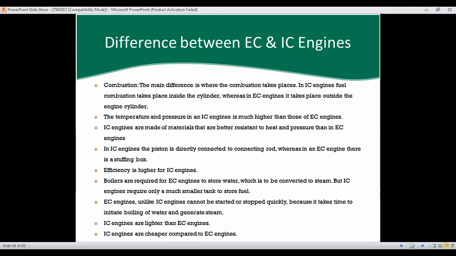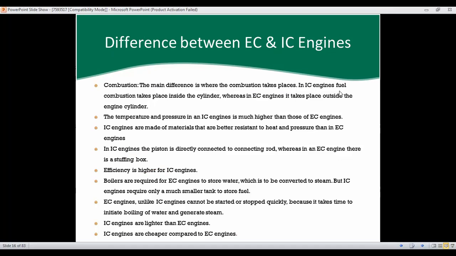Now here is the difference between EC and IC. What is the difference? The main difference is where the combustion takes place.